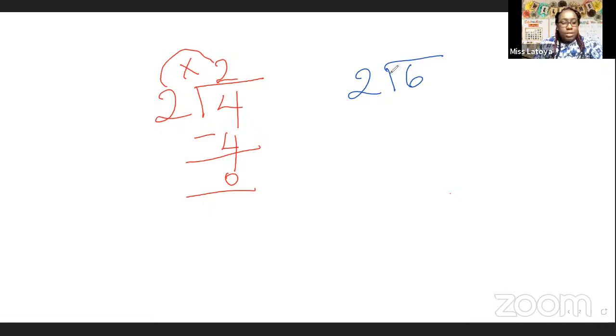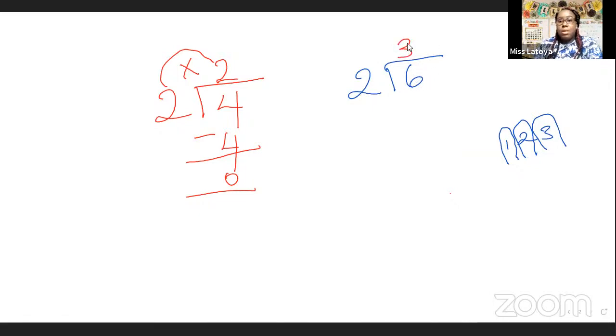For those of us who do not know our tables very well, a very easy technique you can use is using your fingers to count. I'm going to count in 2s until I get to 6 using my fingers. Just like this. 2, 4, 6. How many fingers do I have up? 3. So 2 can go into 6 3 times.